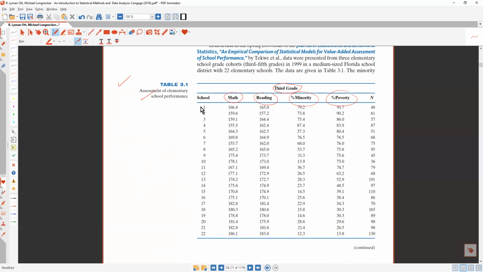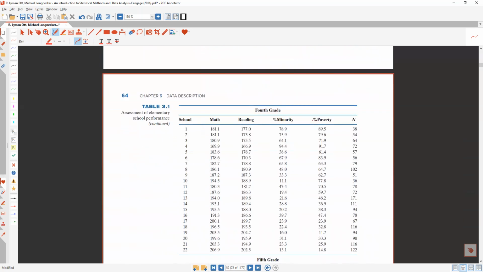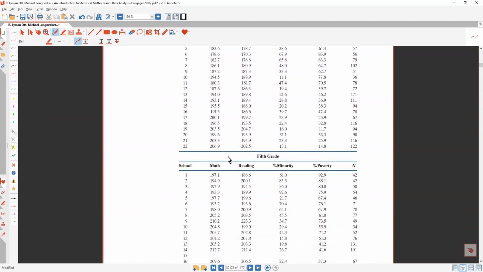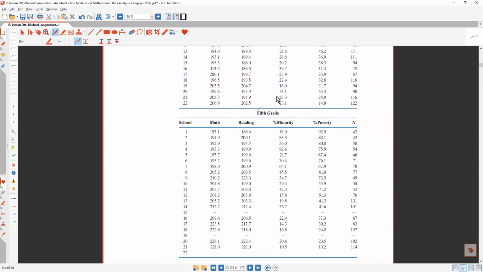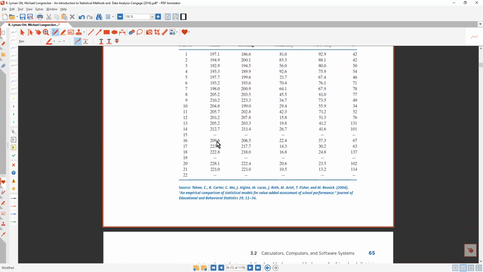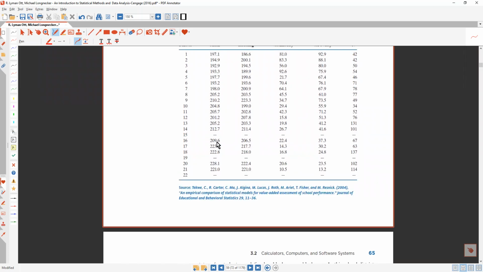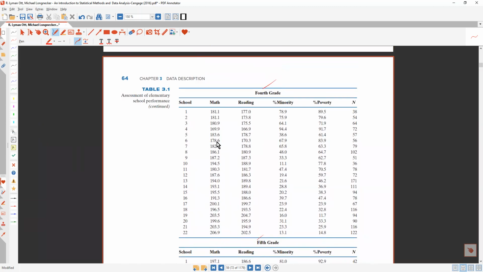And these are for different schools as well. Okay, so we have a lot, and we have our different sample size over here, which is the N. Well, again, if we look at that, boy, that data gets to be pretty big, and we have it by different grades. Here's fourth grade, and here's fifth grade, et cetera, et cetera. So we have a lot of data that at some point, you want to reduce that data down.